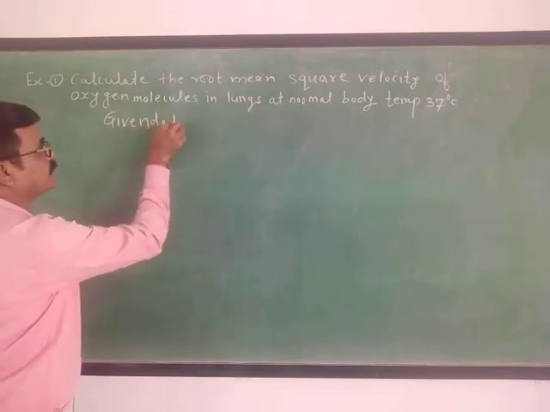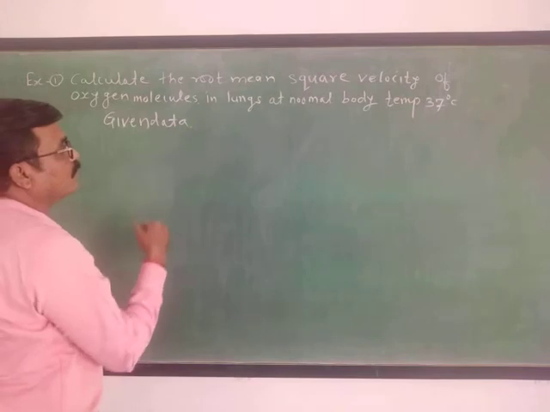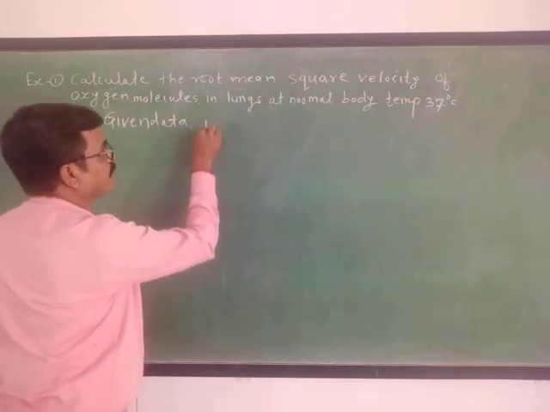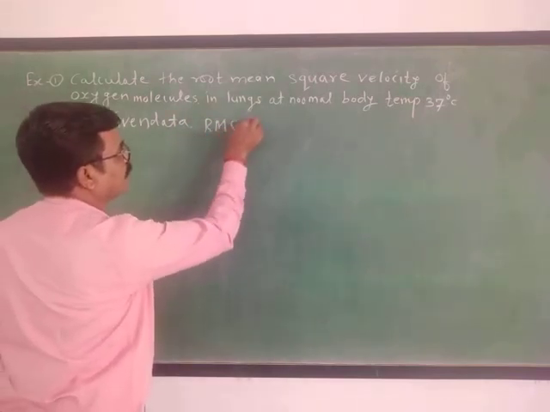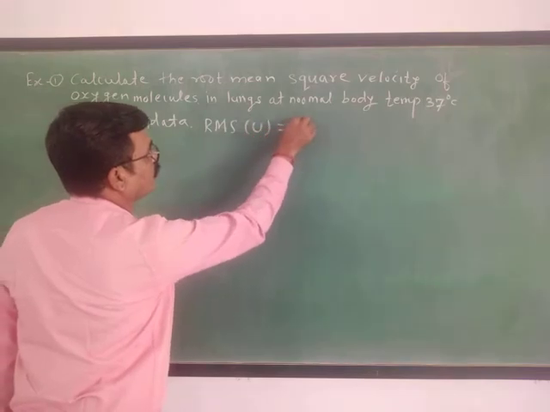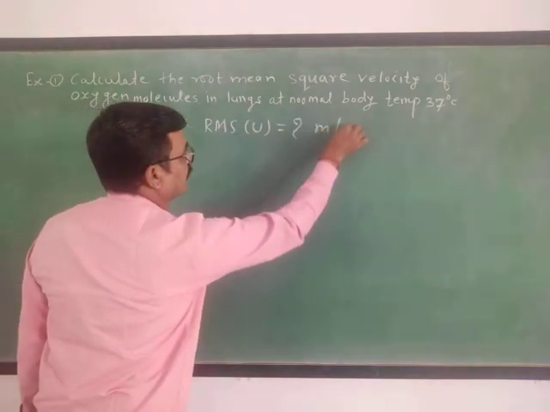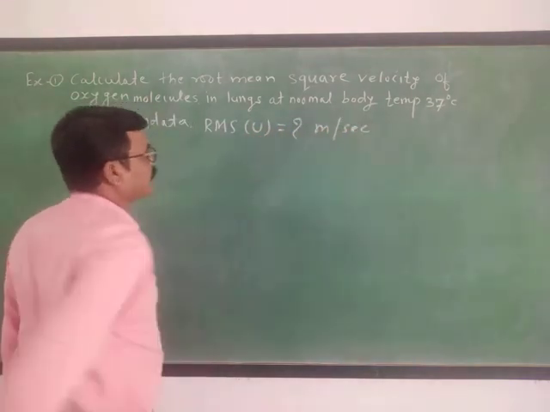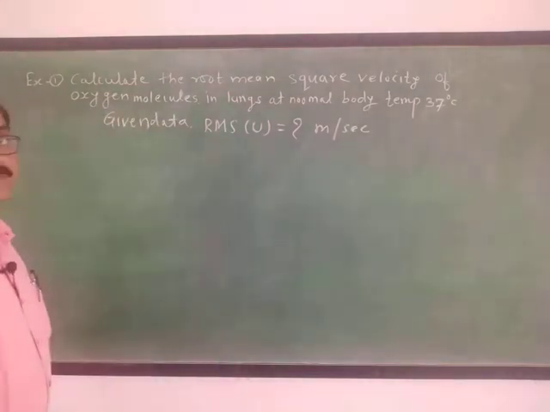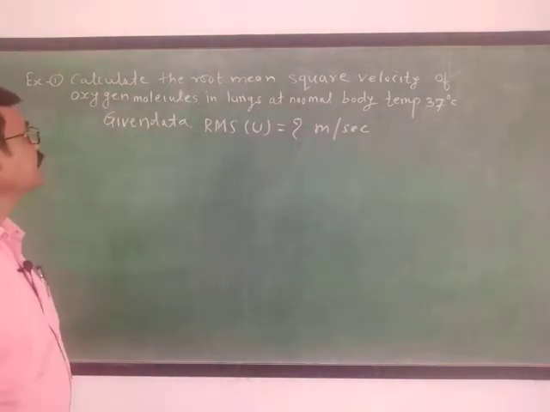First of all we have to calculate the RMS velocity. Root mean square velocity is denoted by U. Since it is a velocity, its MKS SI unit is meter per second. This you have to calculate.